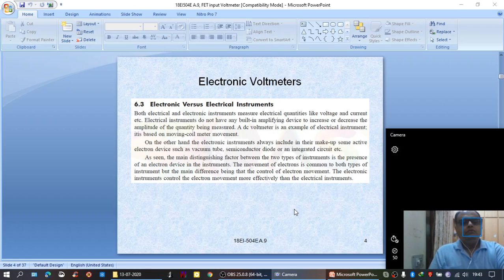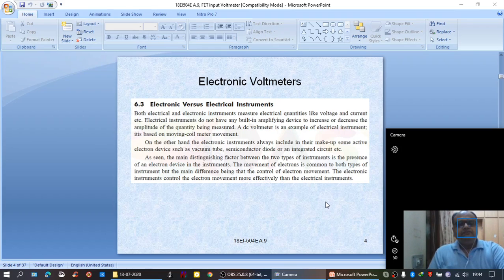Suppose very low voltages are being measured, so a substantial amount of current cannot be generated for producing considerable deflection of the movable coil in the basic PMMC movement. So the additional circuitry incorporated here is an amplifier circuit. The DC input voltage is amplified first, then applied to the basic PMMC movement DC voltmeter.